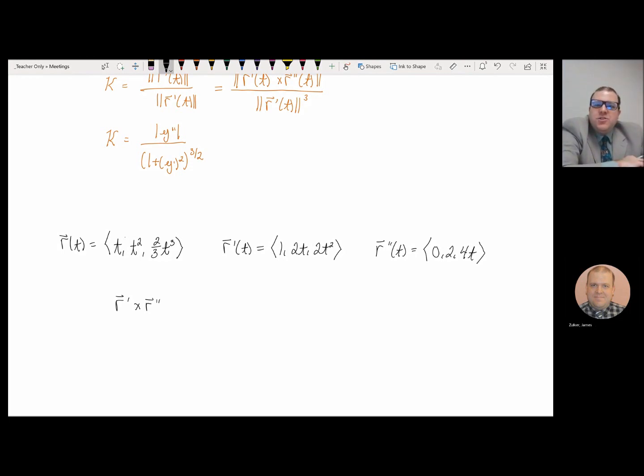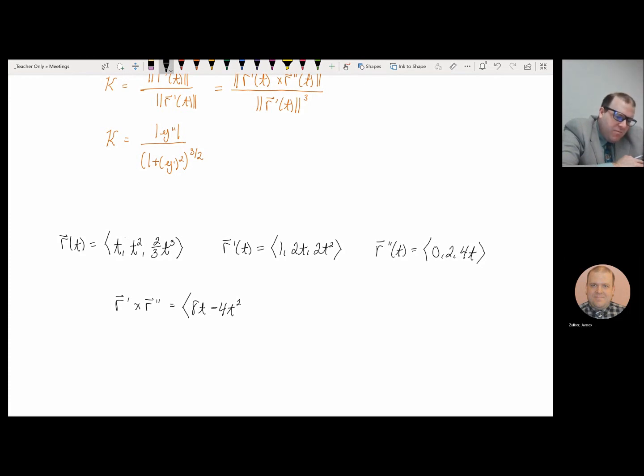Now we need R prime cross R double prime. (8t minus 4t squared?